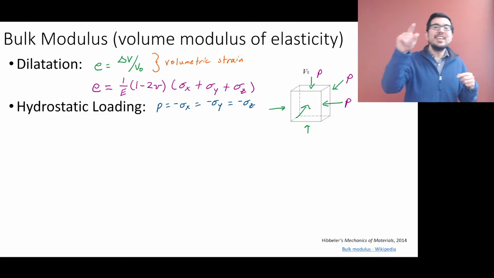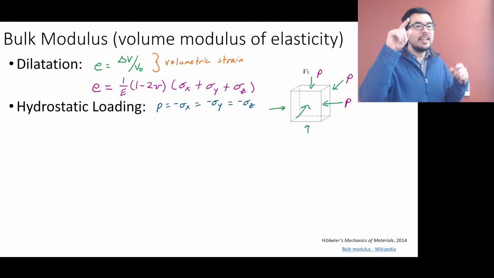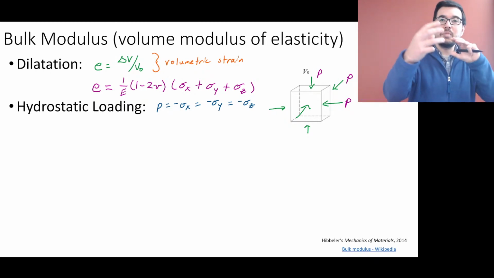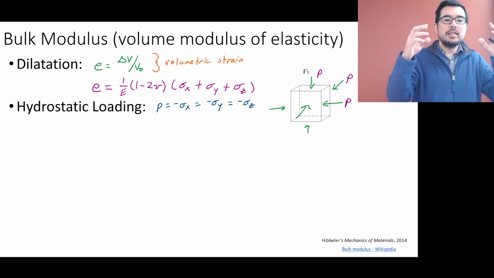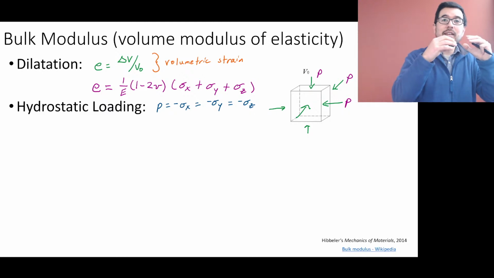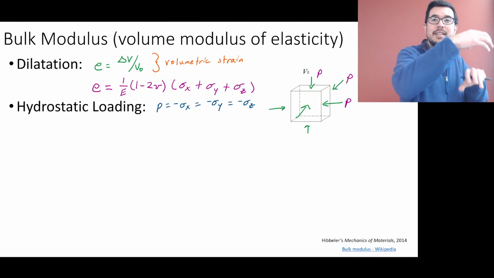Well, that's an interesting question. If I had sigma x's and sigma y's and sigma z's that were not the same, you could imagine, for example, squishing in the x direction and then getting actual expansion in the y and the z.